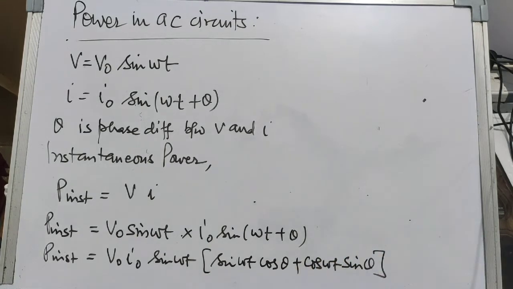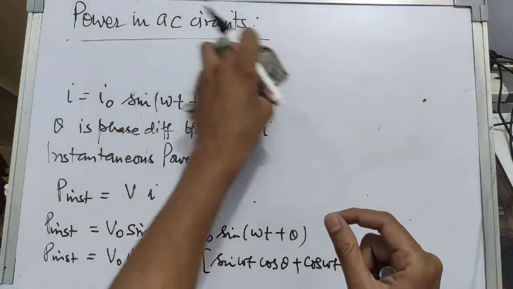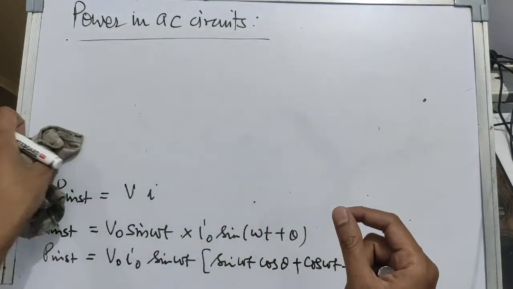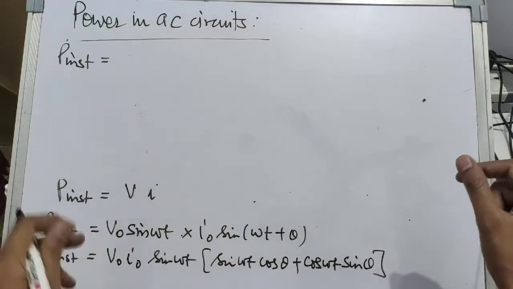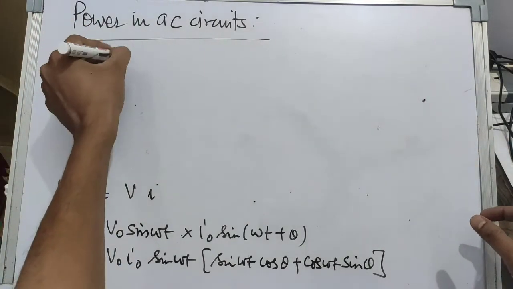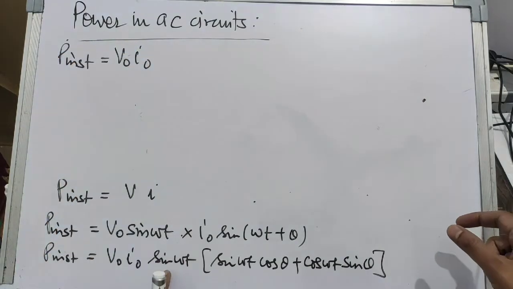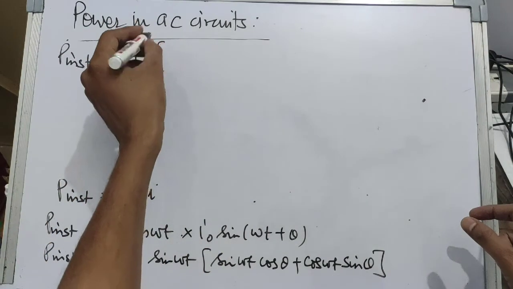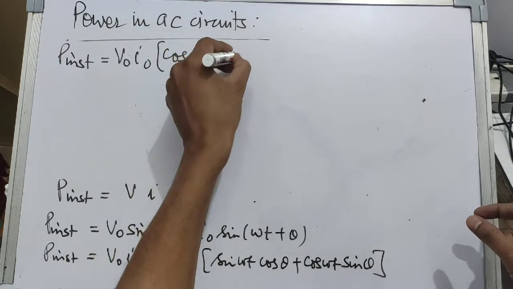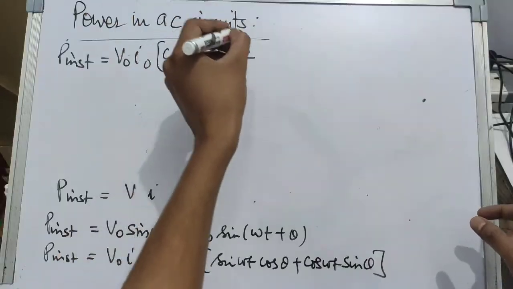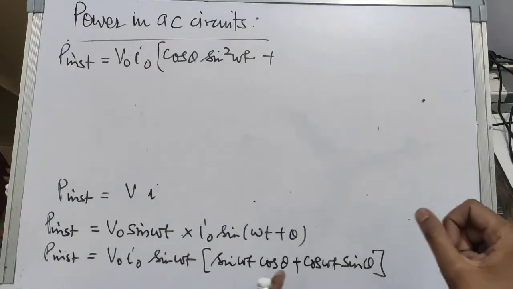Let us simplify it. The instantaneous power in the circuit will be given by V naught into I naught, multiplying through, cos theta into sine square omega t plus sine omega t into cos omega t into sine theta.